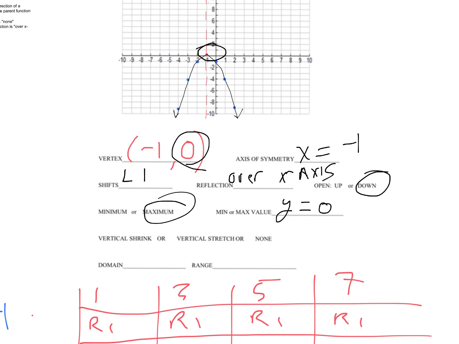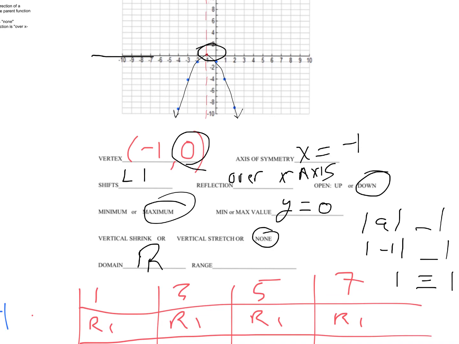Now again, my shrink, stretch, or none: absolute value of a when compared to 1. Since my a value was -1, the absolute value of -1 is 1, which when compared to 1 is equal, so it's none. Domain, there are no restrictions, there's no gaps, so all real numbers. My range values, notice my y's don't go above 0, so y has to be less than or equal to 0.